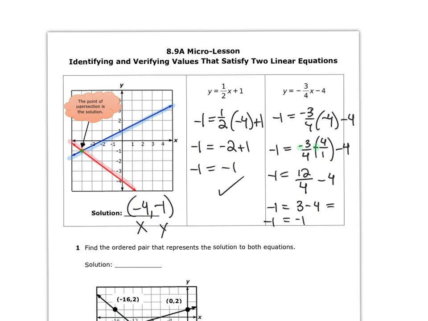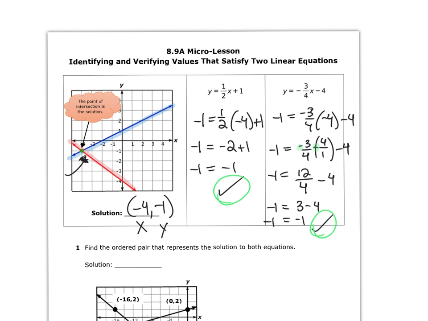So this is -1 equals -1. So all that means is that -4, -1, the point that we identified as the solution over here, also makes this equation true. It makes both of my equations true. So that's why we would say it's not just a solution to each equation, it is a solution to the system of equations.